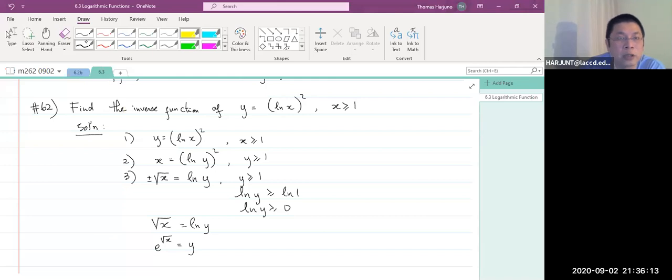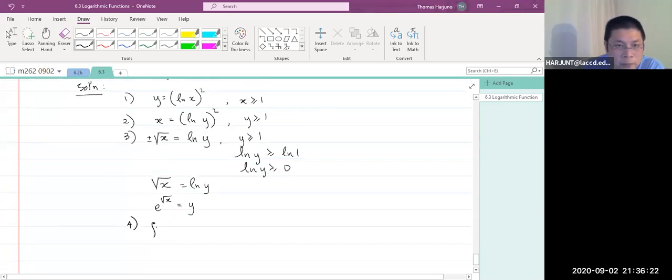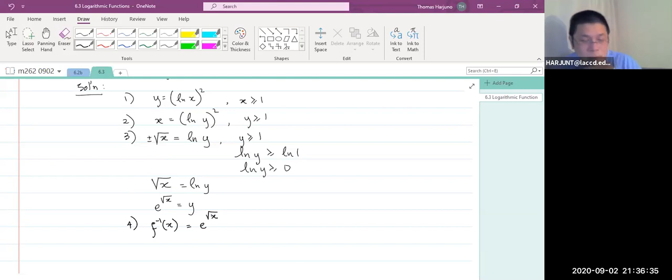So step 4, then, the inverse function, let me call that f inverse of x, equals e to the square root of x. Okay.